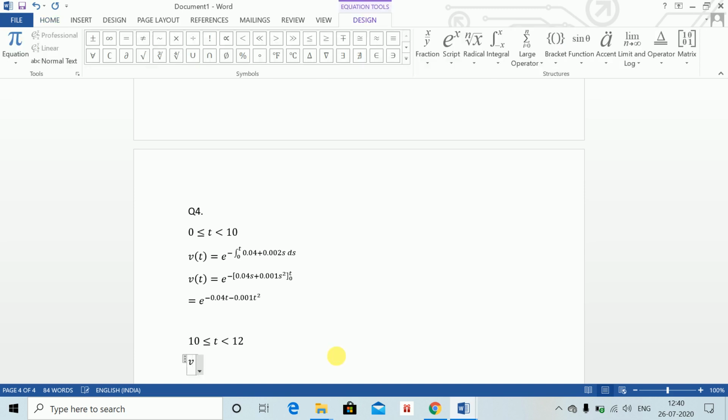So we set t equals 10 in the previous equation: e to the power minus 0.04 into 10 minus 0.001 into 10 square, into the discounting factor of the next portion, which is e to the power minus the integral from 10 to t of 0.015 s minus 0.08 ds.